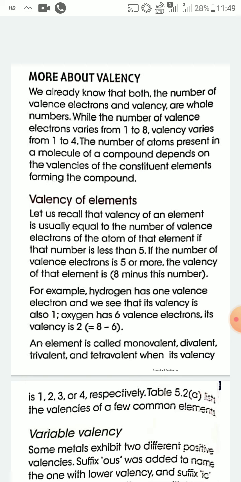But if valence electron is 5 or more, then the valency will be 8 minus the number of valence electrons. Suppose an element has valence electron 7, then the valency will be 8 minus 7, that is 1. For example, hydrogen has 1 valence electron, so the valency of hydrogen is 1. While oxygen has 6 valence electrons, so its valency is 8 minus 6, that is 2.